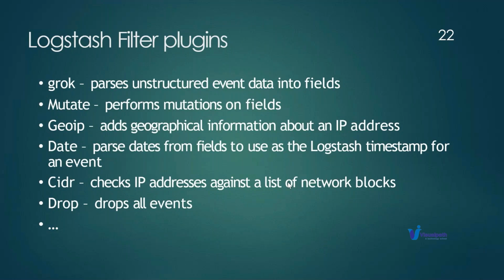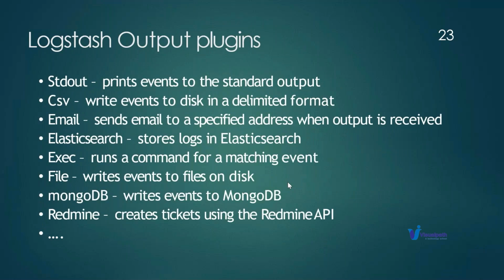Then CIDR, which checks IP addresses against network blocks, and Drop, which drops all events and just removes the data. And then for outputs, there is standard output, CSV, email, Elasticsearch, exec, file, and MongoDB. These are the kinds of outputs it can send data to. It's not restricted to Elasticsearch only.